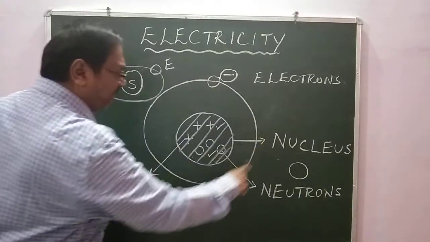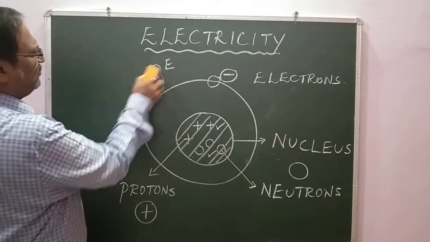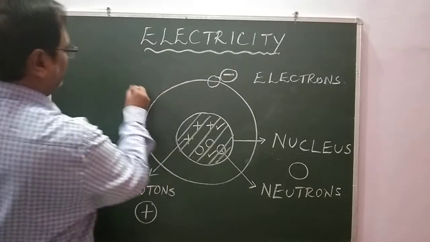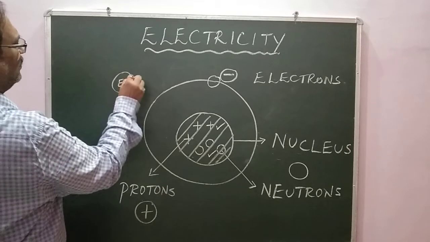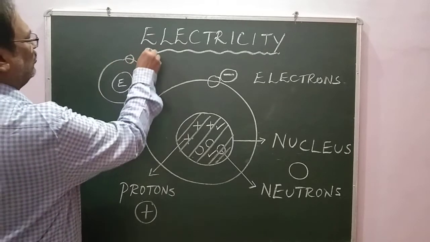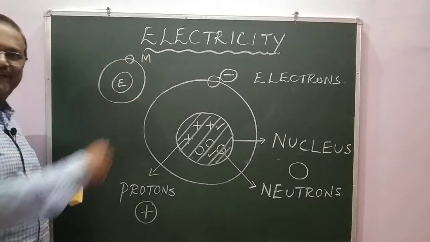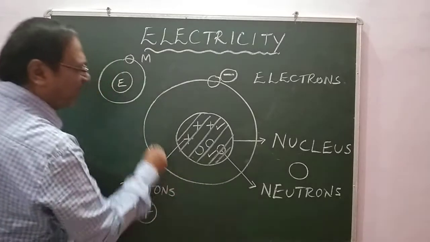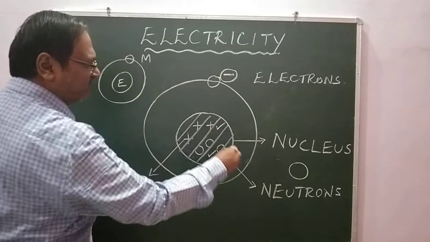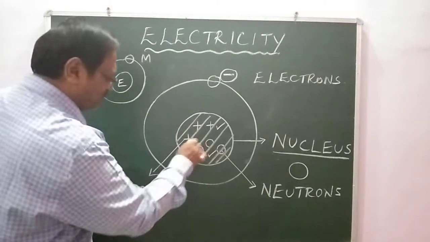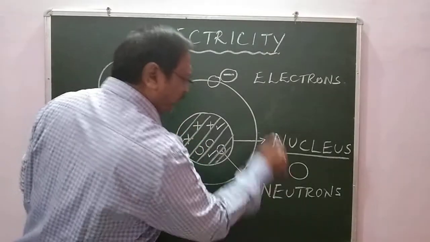And revolving around it. Or also you can think in a more easy way. Earth is there and the satellite is there. Moon is revolving around the earth. Like that, electrons revolve around the nucleus. Nucleus is the main name, but it consists of protons and neutrons.